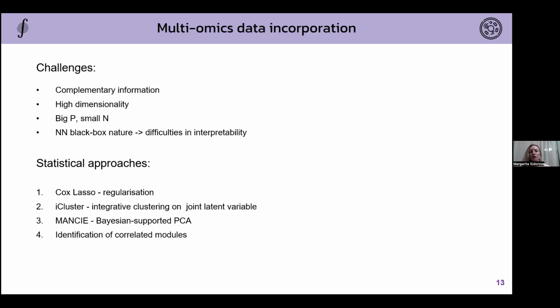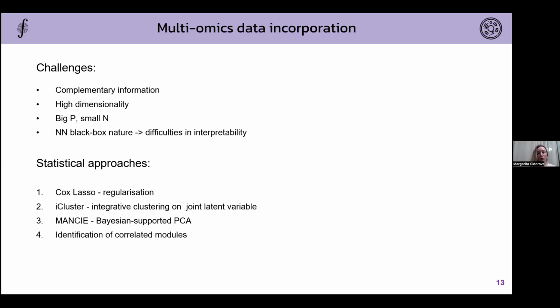Moreover, it not only has high dimensionality, but it has the problem of big P, so lots of covariates, and small n, which are not so many patients. So we have not so many patients, not so many rows, however, lots of columns, lots of covariates. And also, there is a problem of interpretability because of the black box nature of neural networks.